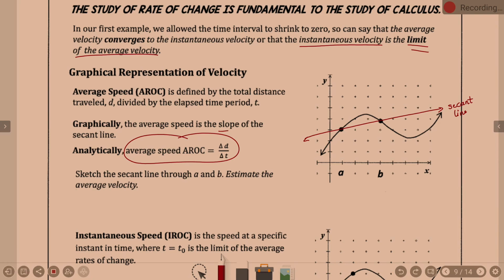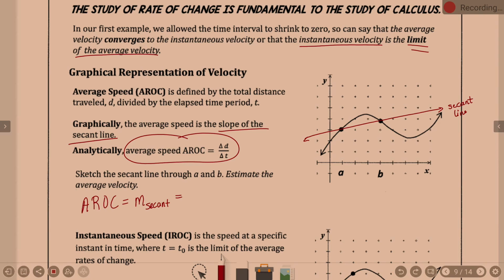Sorry, I was trying to find where it was so I could highlight it. So AROC, average rate of change, is going to be the slope of the secant line. Our letter that represents slope is M. So I put M for slope, and then I put secant kind of in the subscript.